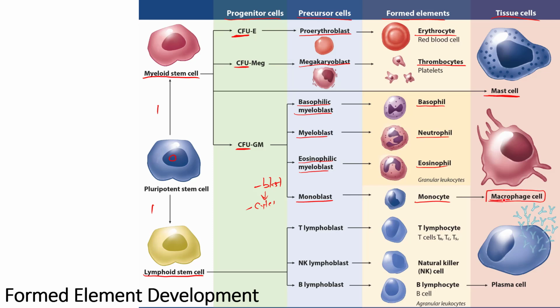Macrophages, these are large phagocytic cells, so these are large eaters that can go around consuming pathogens, parts of defunct cellular machinery to break it down for the immune system.